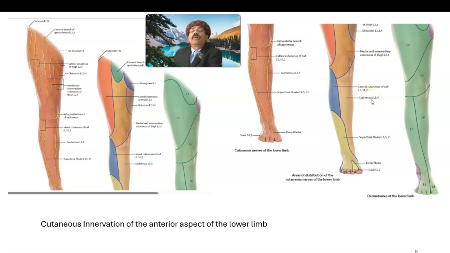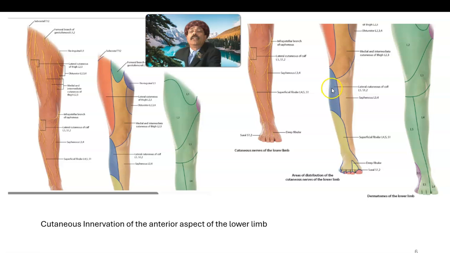It is a branch of the femoral nerve. Root value is L3, L4. So we got the cutaneous innervation of the front of the thigh and the dorsum of the foot.